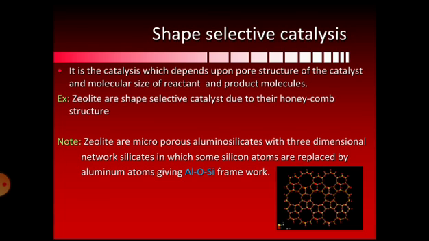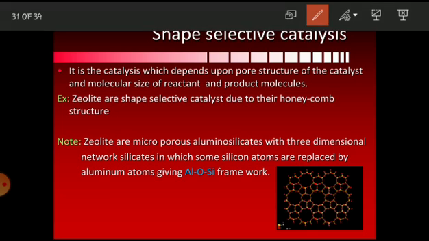Okay, let us read the note. Zeolites are microporous aluminosilicates. Zeolites are what? Microporous aluminosilicates with a three-dimensional network of silicate in which some silicon atoms are replaced by aluminum atoms, giving an aluminum-oxygen-silicon framework. So in zeolites we have an aluminum-oxygen-silicon framework, and the structure is three-dimensional in such a way that we have microporous aluminosilicates.